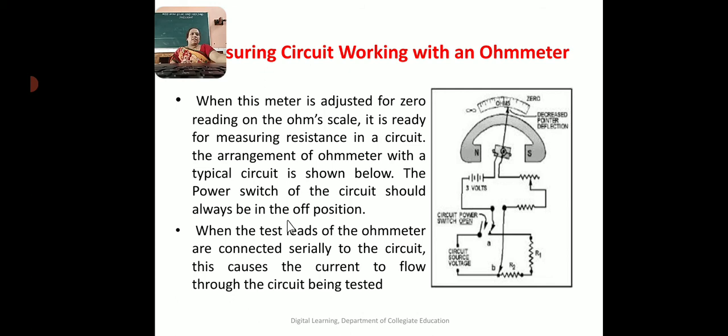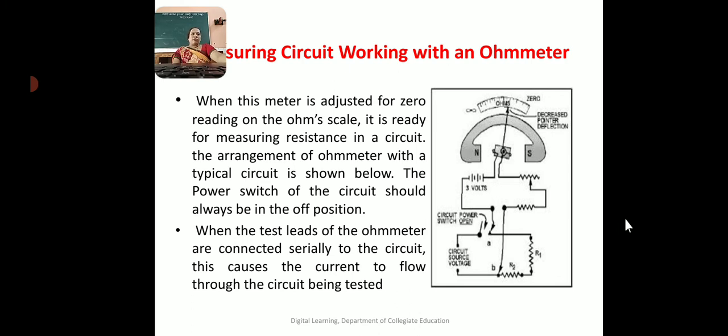If the meter test leads are connected at points A and B in the circuit, then the amount of current in the meter coil will depend upon the resistance of the meter and the total resistance of the resistors R1 and R2. As the meter in the above circuit is pre-adjusted, the amount of coil movement depends exclusively on the resistance of R1 and R2.